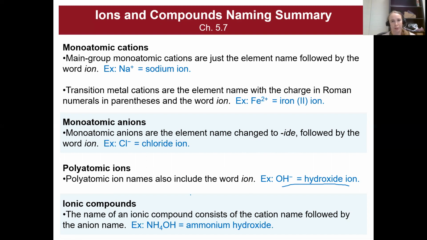The first one, the cation, goes first. It stays the way it's written. So sodium, iron, ammonium, they just stay like that. And then the second one has the "ide" on the end. So hydroxide, chloride, whatever. So this is an example for ammonium hydroxide, which is two of our polyatomic ions combined. So ammonium and hydroxide ions to make ammonium hydroxide. All right, I'm going to break here, go to another video.